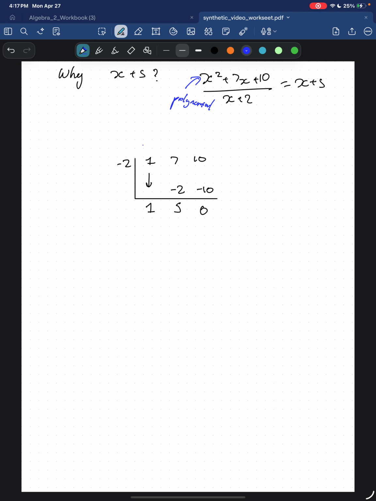So that would mean that our placeholders entail every exponent from degree 2 down to x to the power 0.